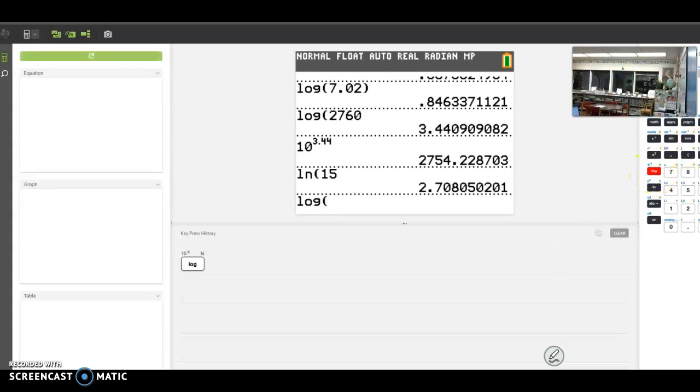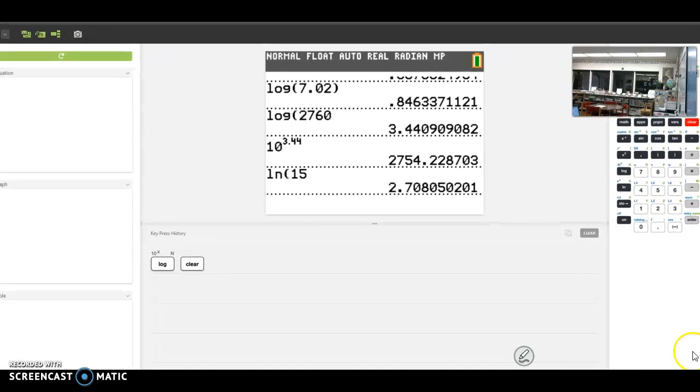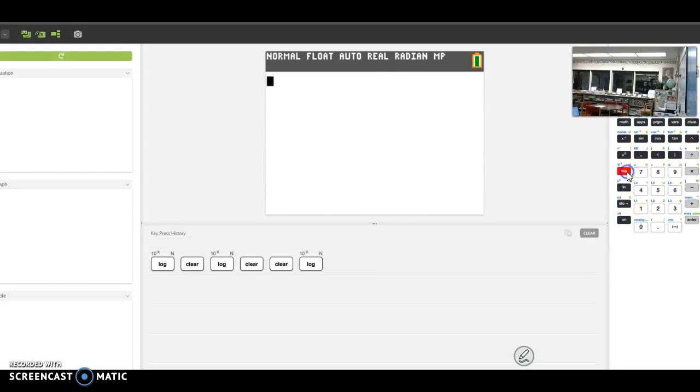That log button right there is log, base 10. The one right underneath it, and you can see right above it has an e to the x. The ln, this log button, is base e, and we'll cover that in just a bit.